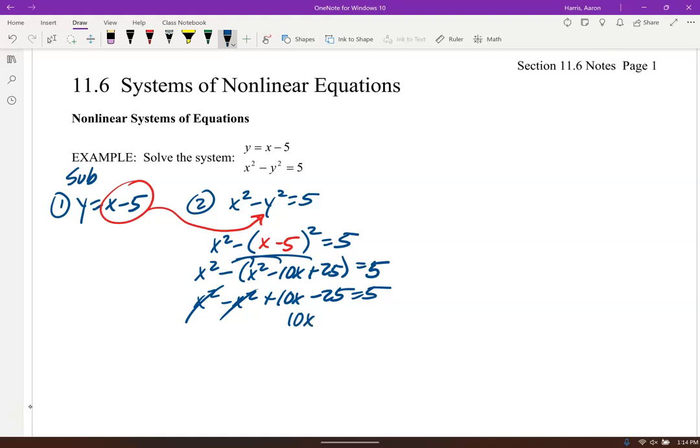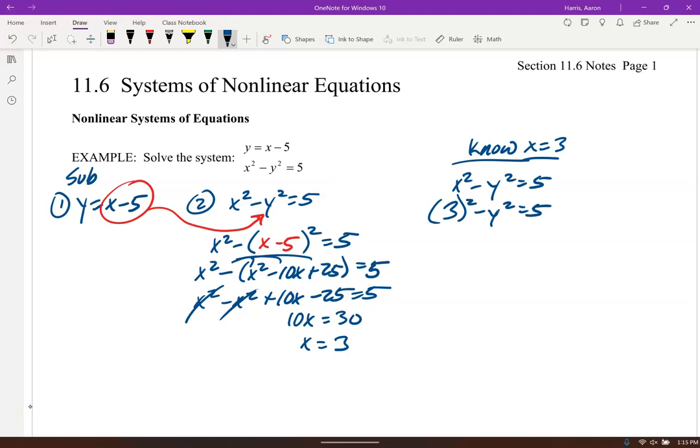Add 25 to both sides, divide by 10. So it looks like x is 3. Now we know that x is 3. At this point I can plug it into either one, but it's got to satisfy both equations. For example, if I throw it into this one, 9 minus y squared equals 5. I subtract 9, divide by negative 1.